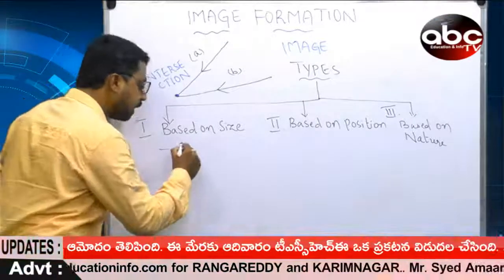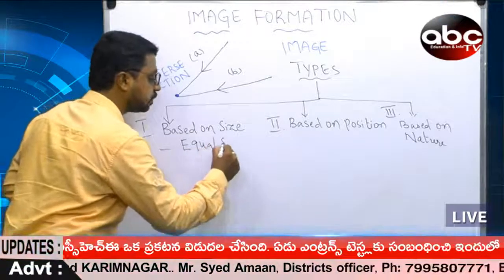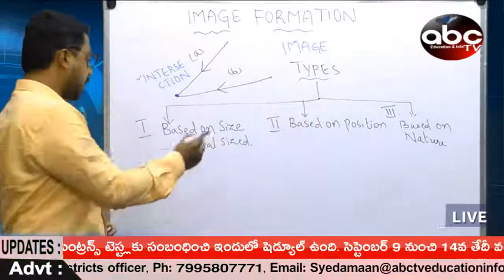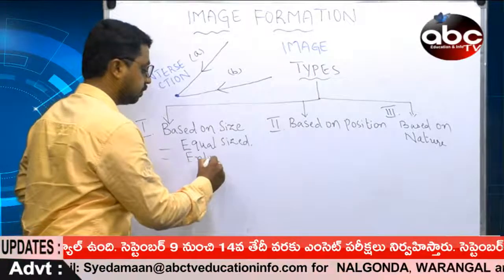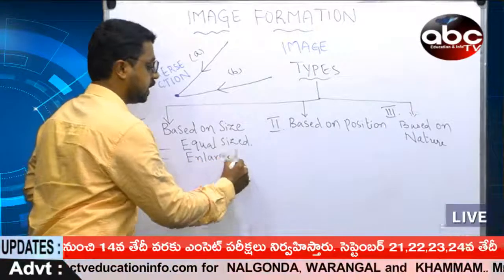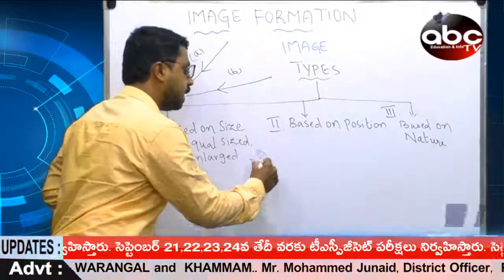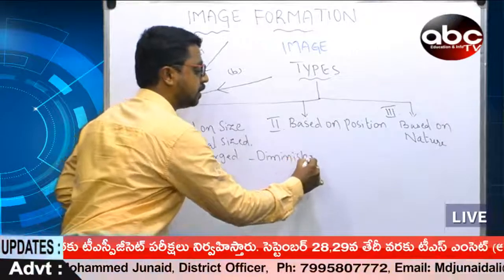What are they? The first is equal sized. The second one is enlarged. The third one is diminished.